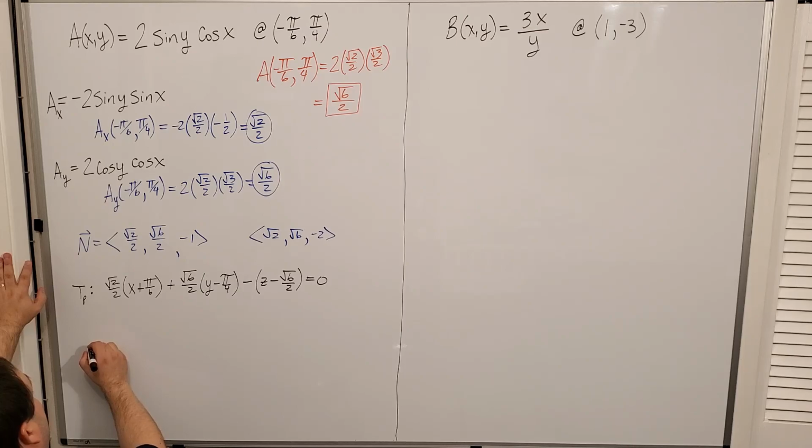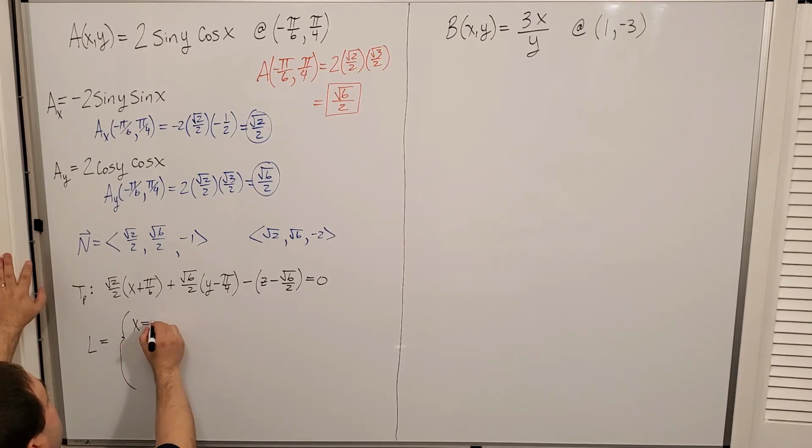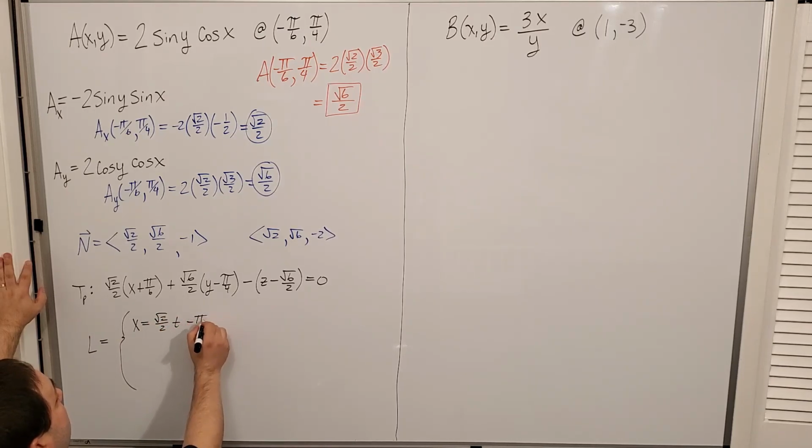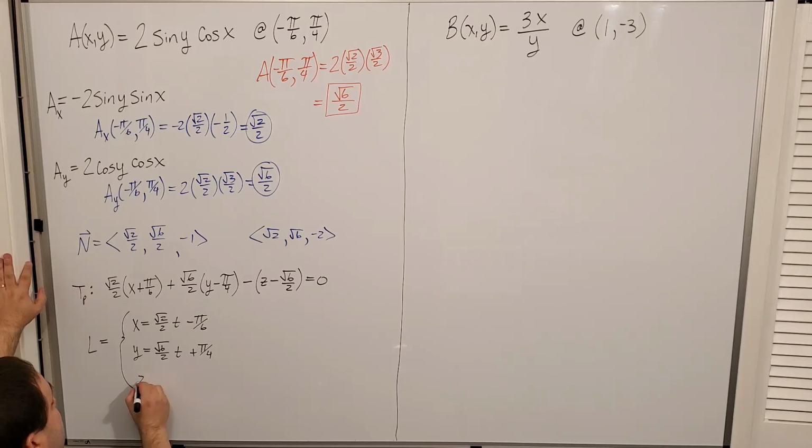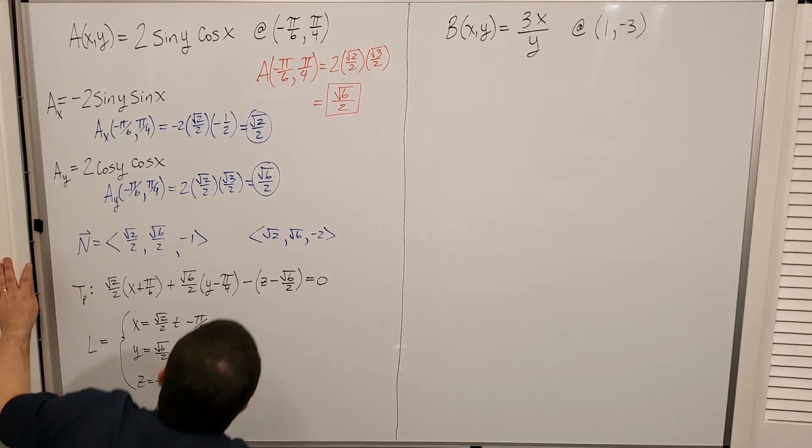And then, of course, my normal line, parametric equations: x equals square root of 2 over 2 times t minus pi over 6, y equals square root of 6 over 2 times t plus pi over 4, z equals negative t plus square root of 6 over 2. Okay?